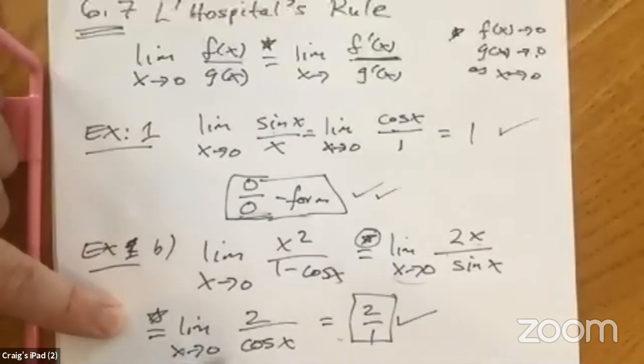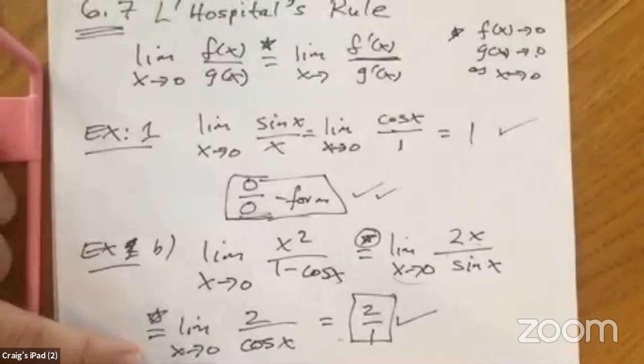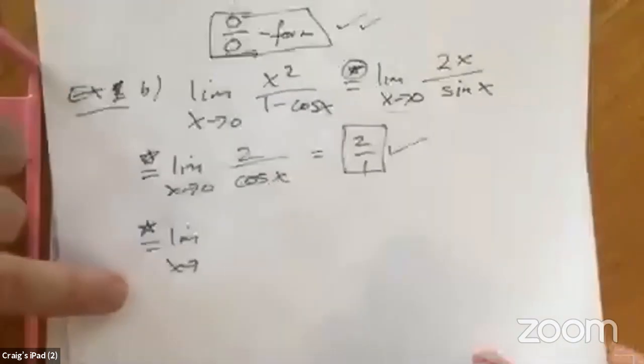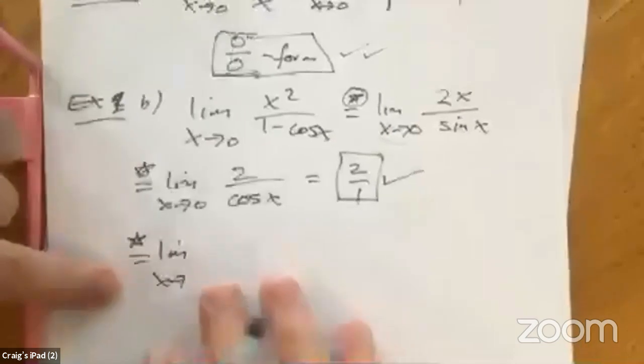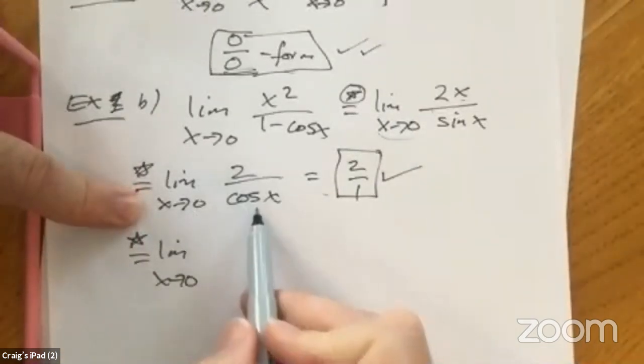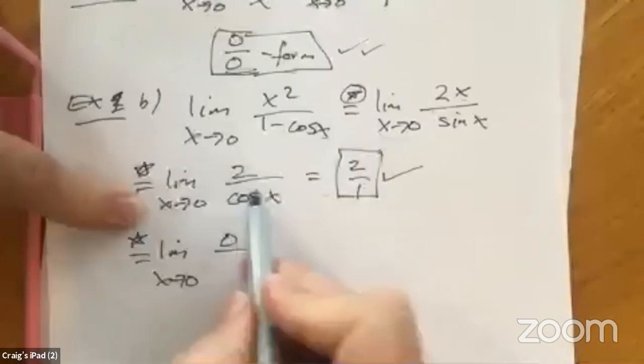What if I took the derivative one more time right here? What if I use L'Hopital's rule and take the limit as x approaches 0 of the derivative of the top and the derivative of the bottom? I get the derivative of 2 is 0.